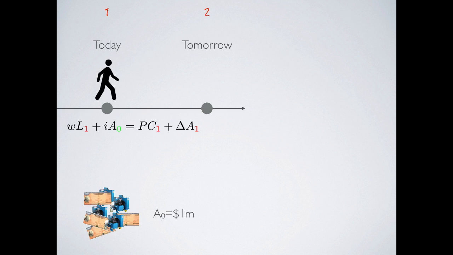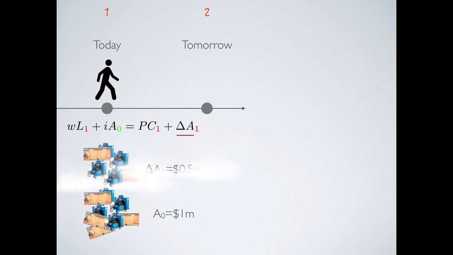The second thing that the initial asset can do is for future asset value accumulation. Remember that today, household also has to decide how much more money to invest in assets, which is delta A1.